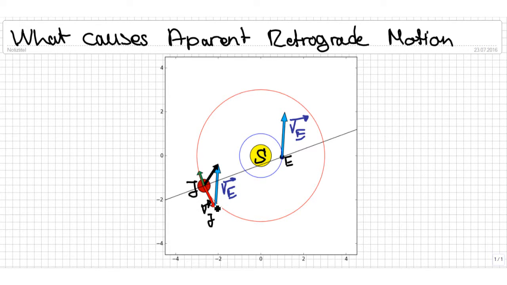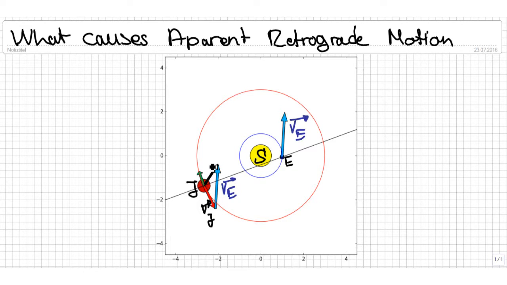So now we describe the entire system as seen from the sun, but if we're interested in what we will be able to observe from Earth, we need to consider a geocentric system. So we need to transform the velocity of Jupiter into a system with a stationary Earth.